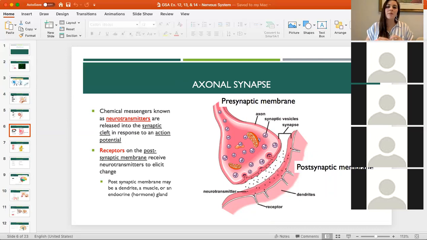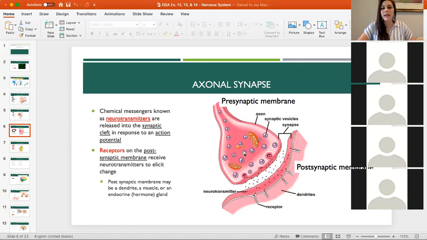So like I said, this is our synapse, okay? And so we have right here the presynaptic membrane, we have the synapse itself, and then we have the postsynaptic membrane. So our presynaptic membrane is going to be our axon terminal, really, okay? And so see these little purple bubbles right in here?